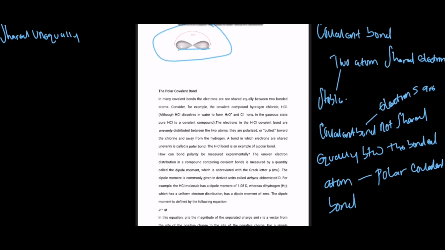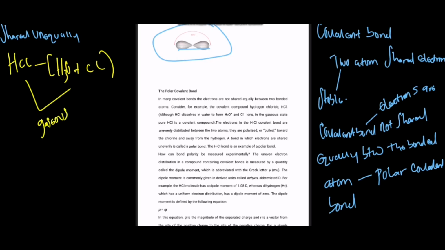From our slide, let's use hydrogen chloride. When hydrogen chloride dissolves in water, it forms the hydrogen ion and the chloride ion. It is in its gaseous form.